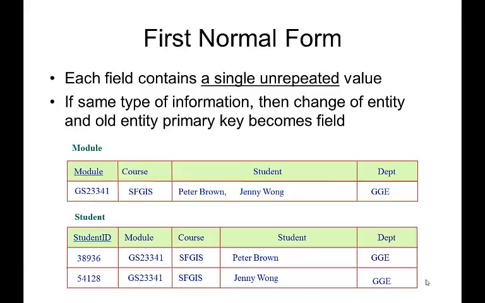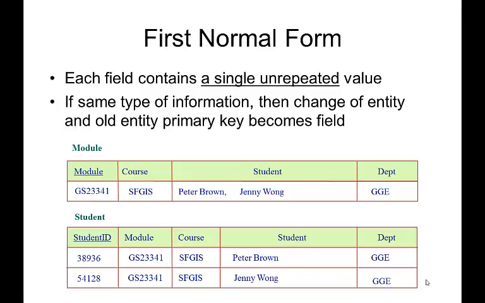So what we need to do is get rid of these repetitions, and because they're the same values, they end up going in the same field. We don't need new fields with different names because these are the same information. So in this case, instead of having a table called modules, we convert it into a table called students, and we have one row for each of the students.